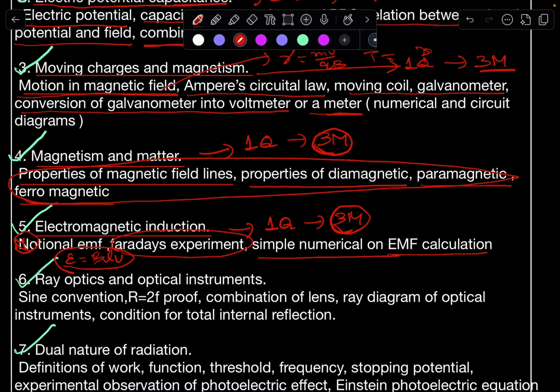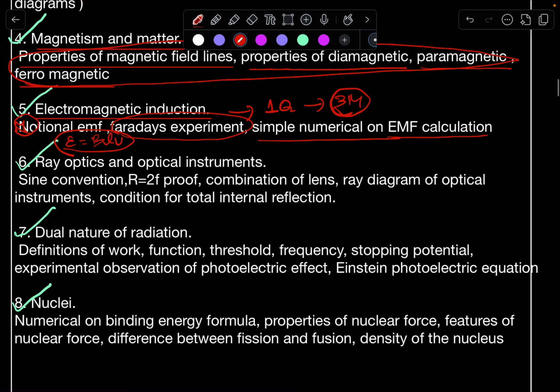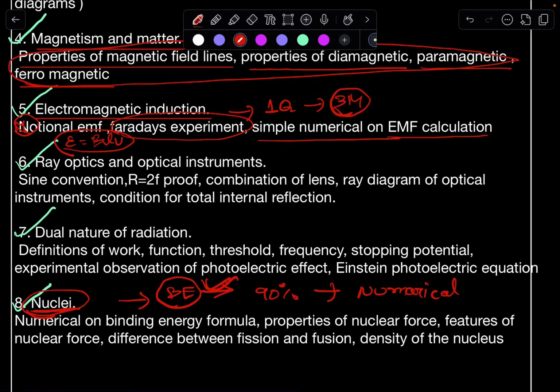For the safe zone, I will tell you one more simple chapter, that is nuclei. If you know the binding energy formula and how to solve binding energy numericals, there is a 90% chance that they will ask one numerical in this nuclei chapter, especially on the binding energy formula. That is the reason I mentioned clearly numericals on binding energy formula.